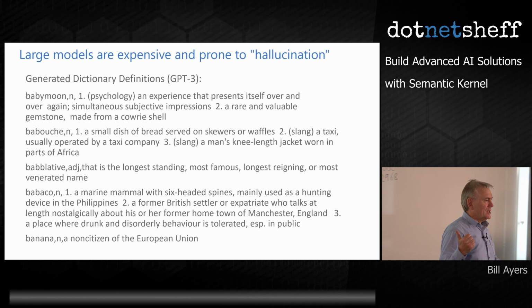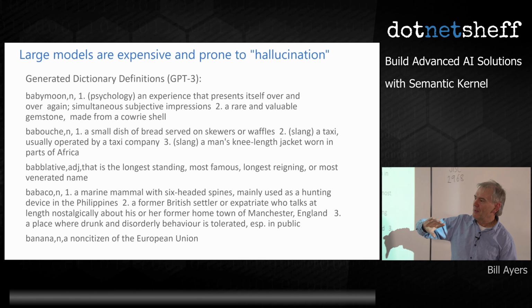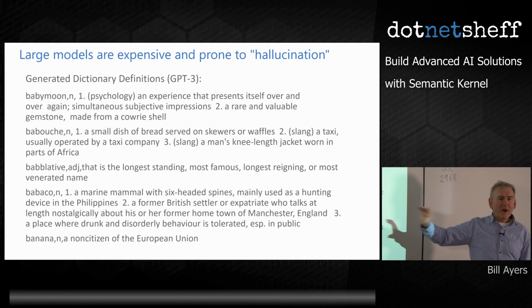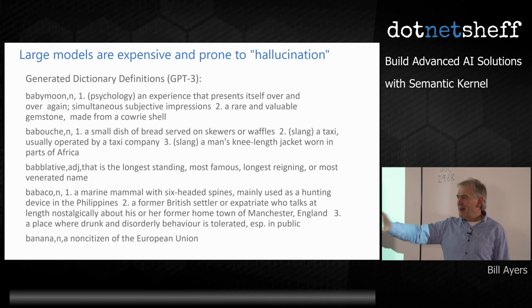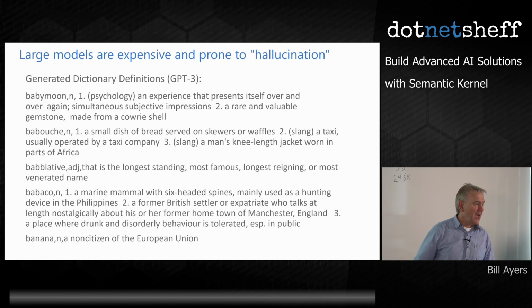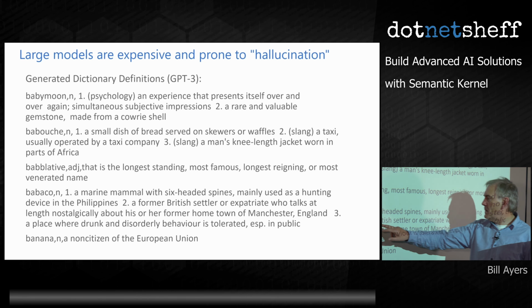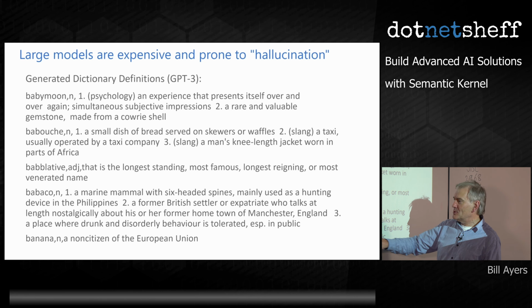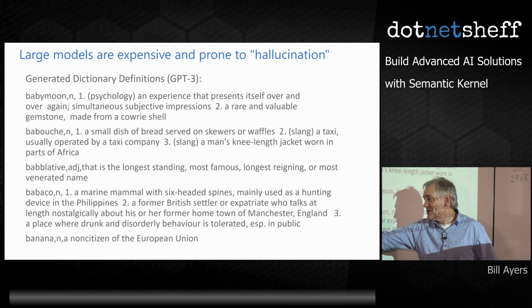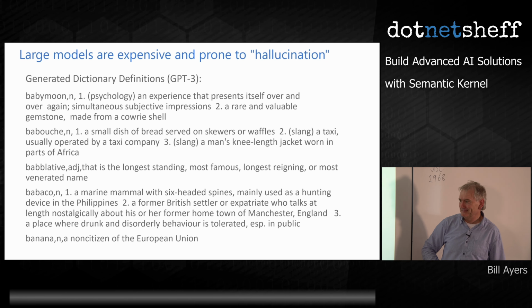A babaco is actually a type of tree. But the interesting thing about the completions that come back from a large language model is that when they are wrong, they are completely wrong, and they are confidently wrong, and detailed as well. Definition number 2: a former British settler or expatriate who talks at length nostalgically about his or her former hometown of Manchester, England.